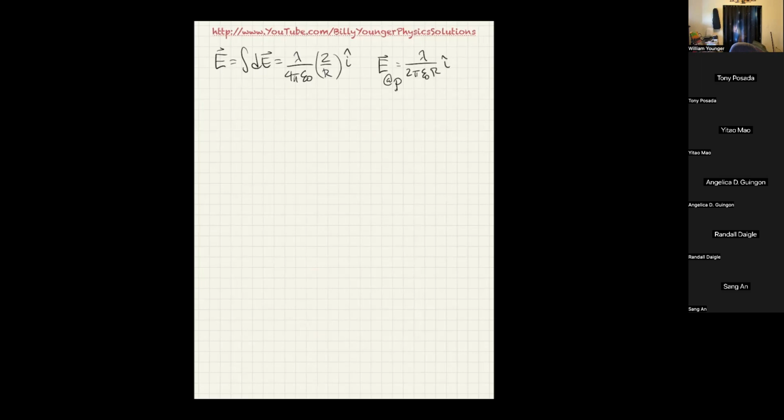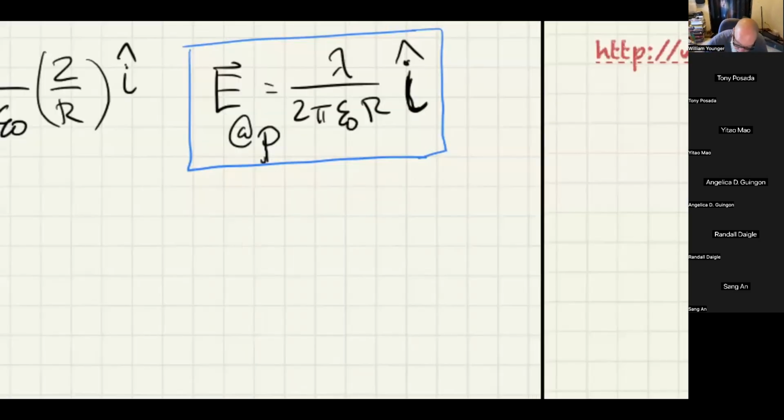And now I want to explain a little bit about that. Yes, it is pointing in the i hat direction, but if you look at this wire, what you realize is it has cylindrical symmetry, meaning I can rotate it about the axis right through the center by any angle that I want, an itty bitty angle, a big angle, all that doesn't really matter.